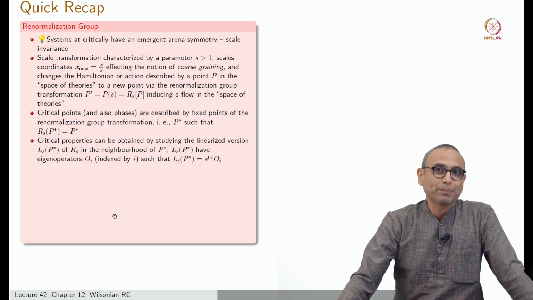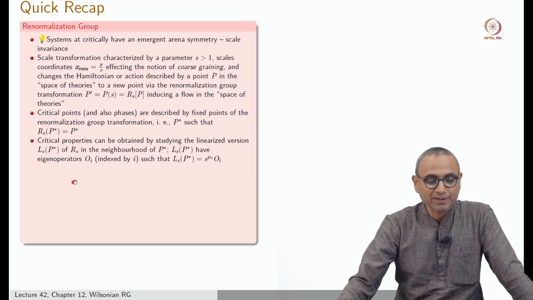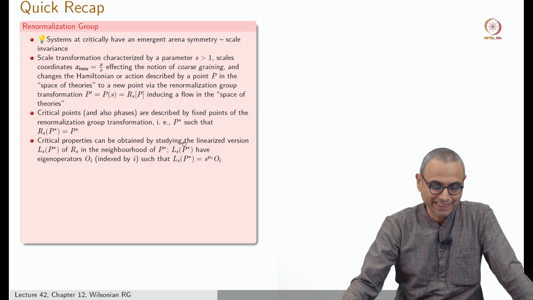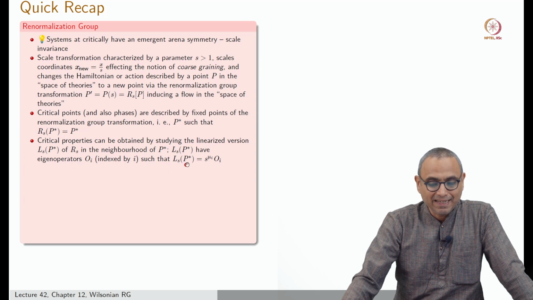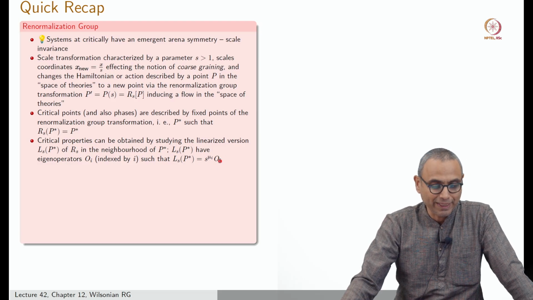To obtain the critical properties around, let us say, a critical point, what you do is you explore the properties of the linearized renormalization group transformation, which is characterized by a matrix L_S of P star, and this L_S of P star will have a set of eigen operators which are indexed by some label i, such that L_S of P star acting on O_i will give you S to the power mu_i times O_i, where this mu_i is called the index or critical exponent associated with this operator O_i.